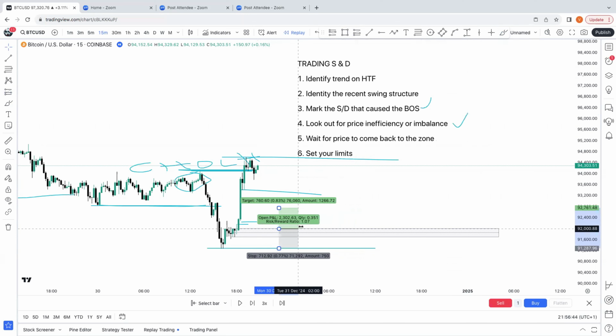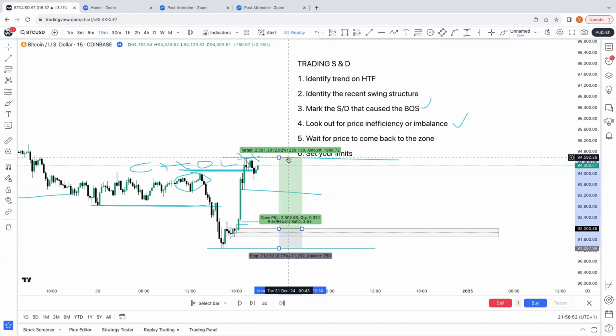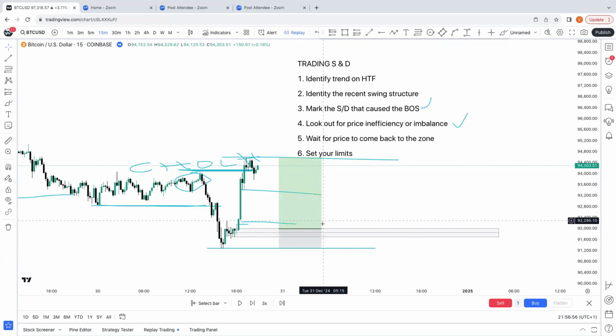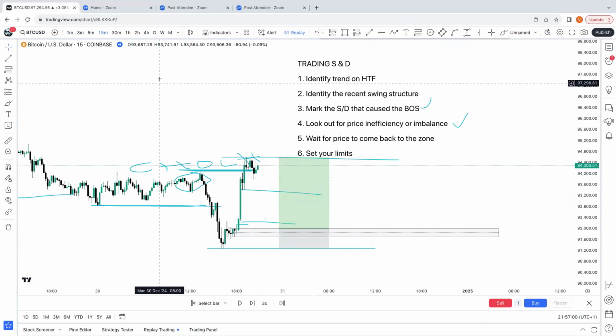Our take profit will be this high, because we expect price to create another high. This zone here is going to be our take profit. So we're just going to wait for price to come all the way down here and give us a good trade. Let's play price and see what happens.